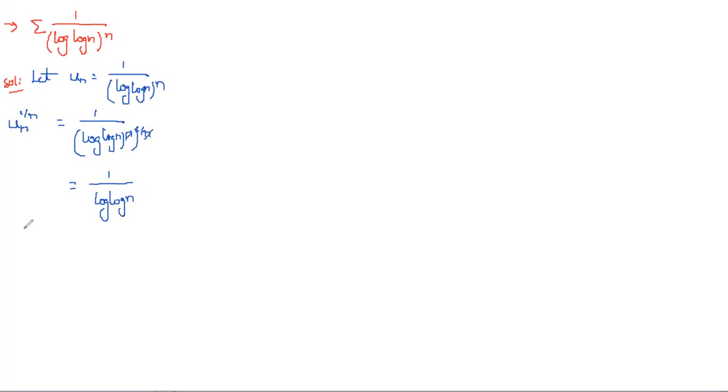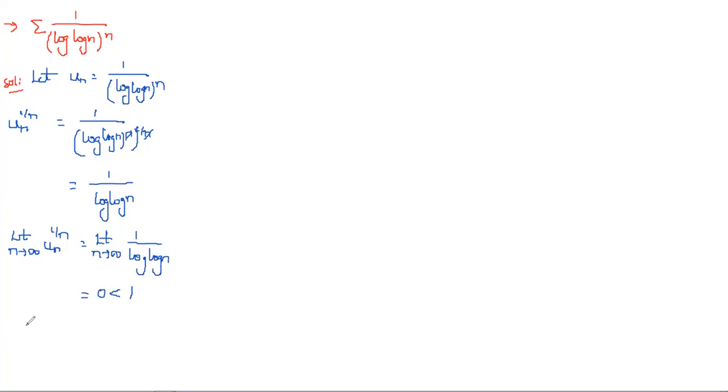Now you can apply the limit: limit as n tends to infinity of un power 1 by n is equal to the limit as n tends to infinity of 1 by log n. If you substitute infinity in place of n, we get 1 by infinity, and anything by infinity is 0, which is less than 1.